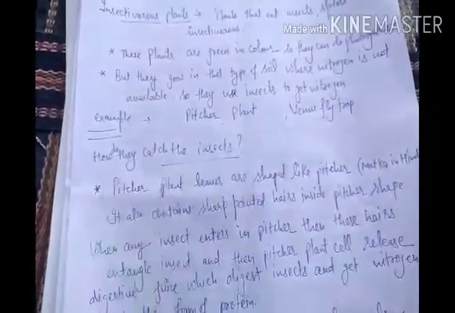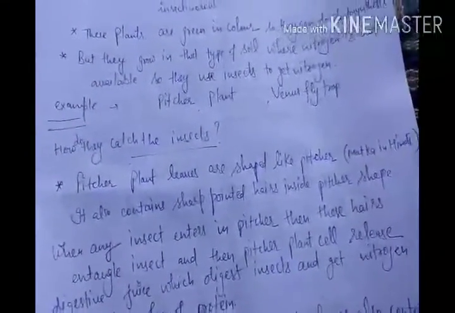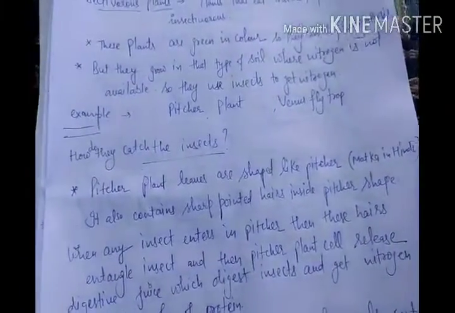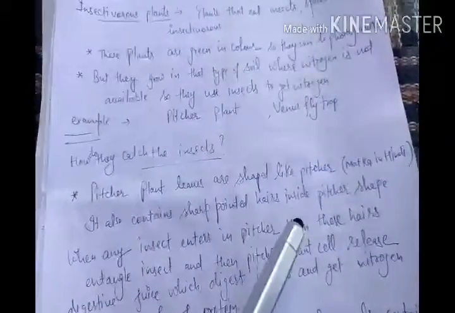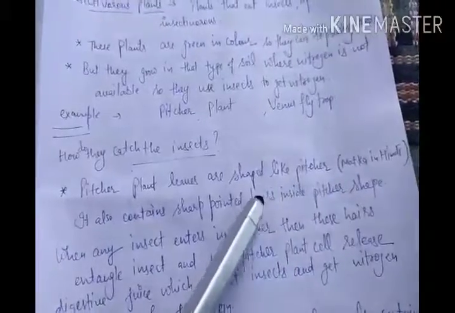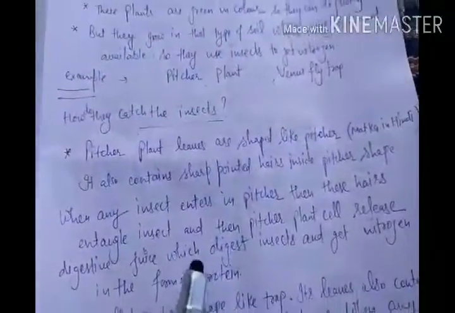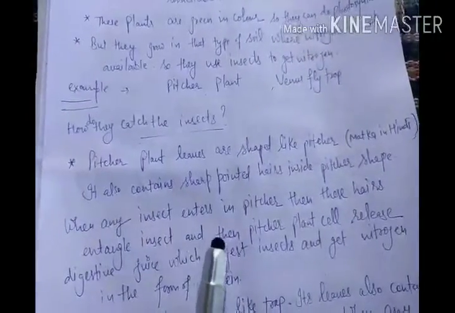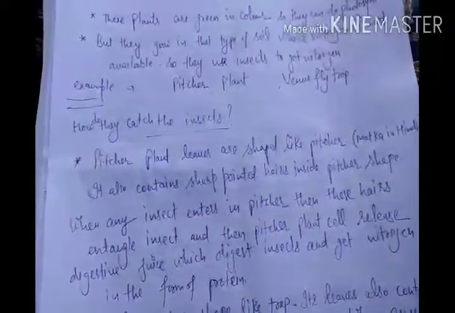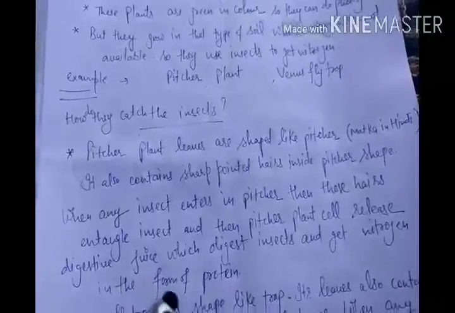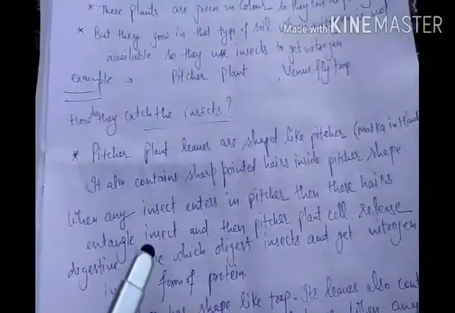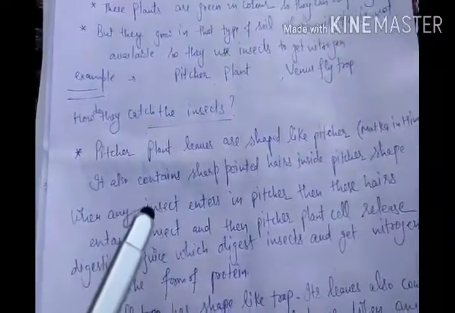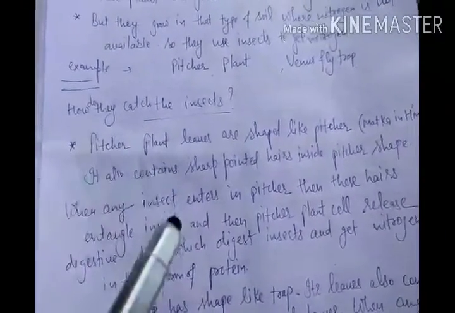Sharp pointed means very sharp. Any insect that enters this pitcher shape, these hairs entangle the insect. Entangle means they just fix the insect in the leaf. They do not allow it to get outside, it is unable to move outside.